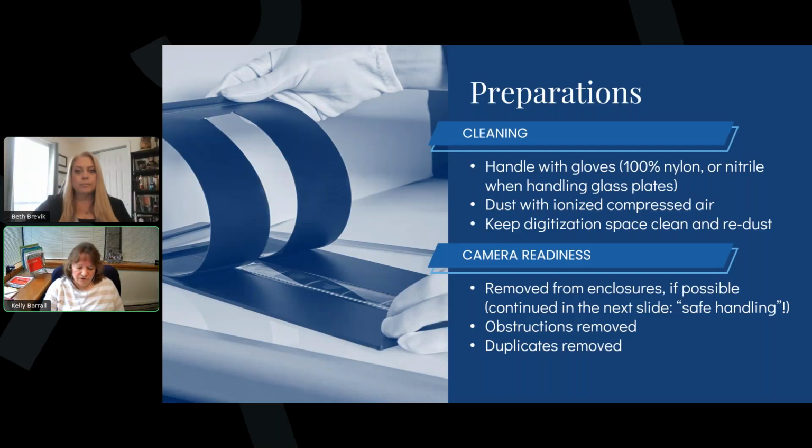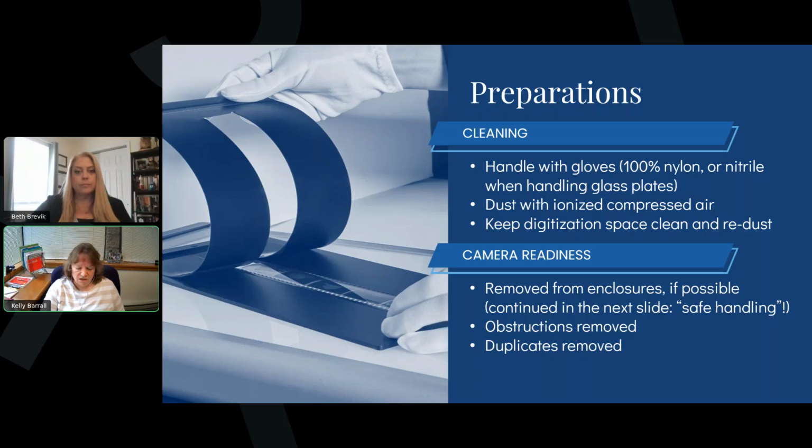We've spent a lot of focus so far on film negatives. So to speak of photographs for a second, you might need to consider what they're stored in. Some photos have sleeves, or they might be in frames. Typically, those are going to need to be removed from their housing to get an unobstructed capture.